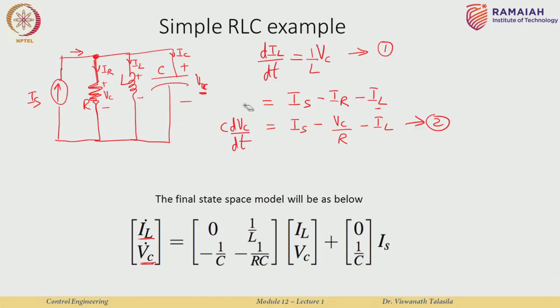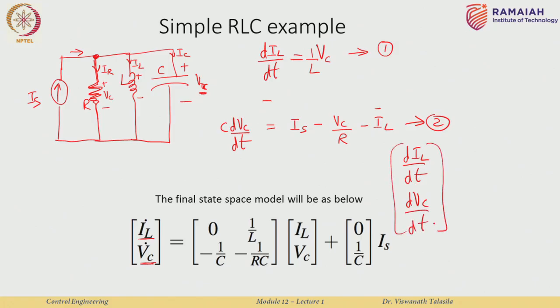If you plug these two equations into a matrix form, you are actually going to get this expression over here. Let me show how we can do that. So, dIL by dt, the derivative of the first state, and dVc by dt, the derivative of the second state.